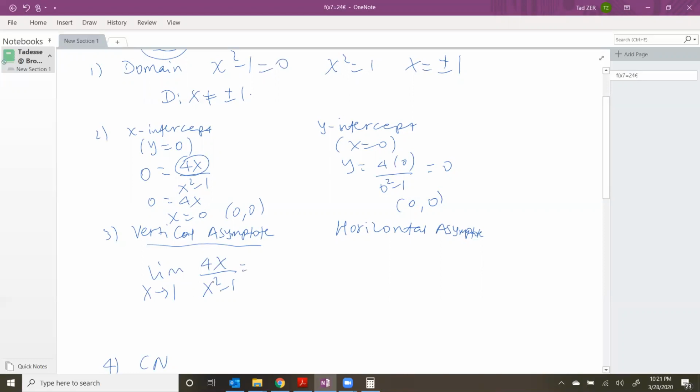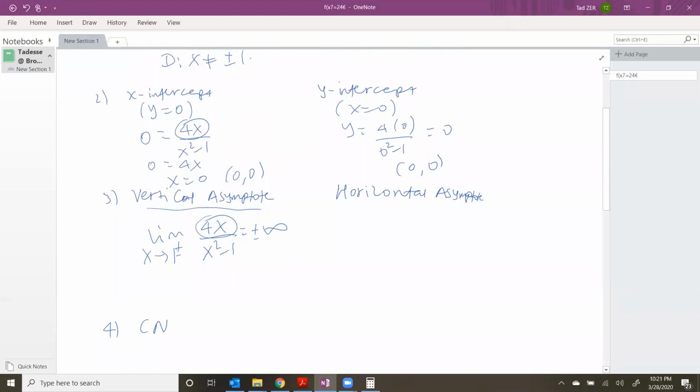As x approaches 1, the denominator is 0, but the numerator is a constant, 4 times 1, or a number close to 4. So this goes to either infinity, if you are approaching from the right, or to minus infinity. In both cases, it is unbounded. So x equals 1 is a vertical asymptote.